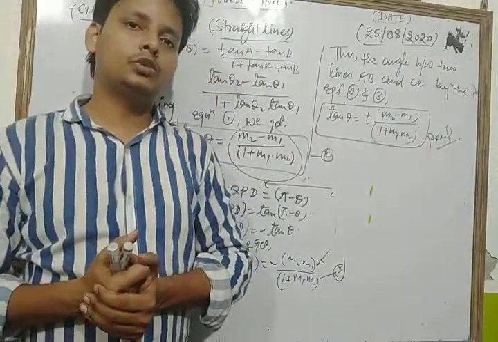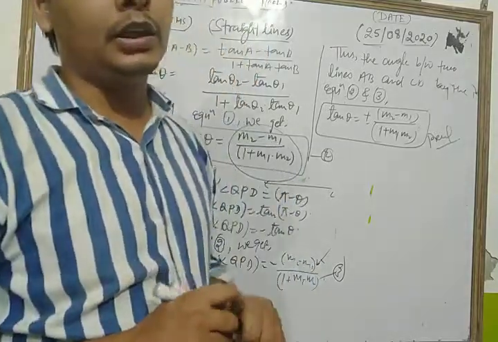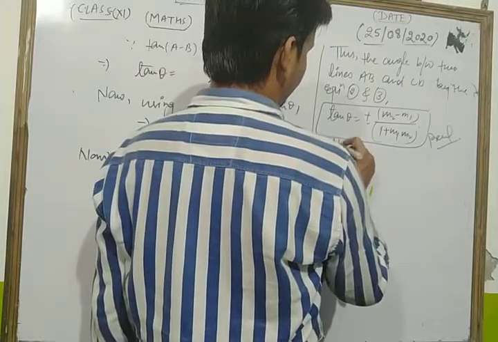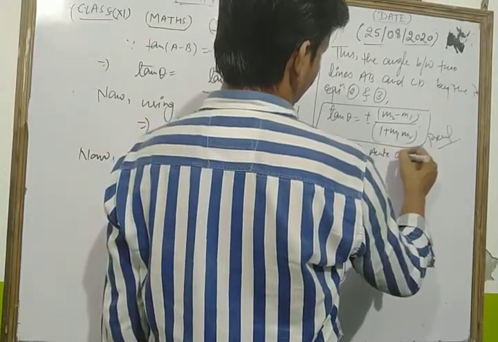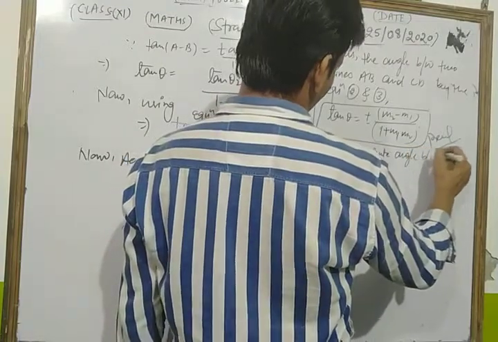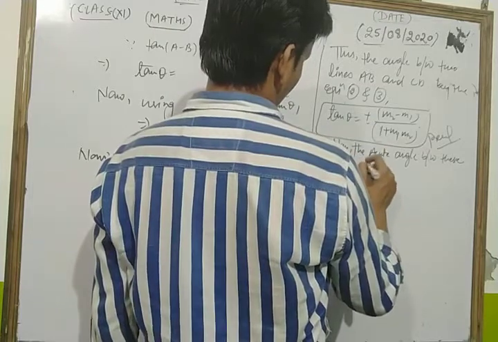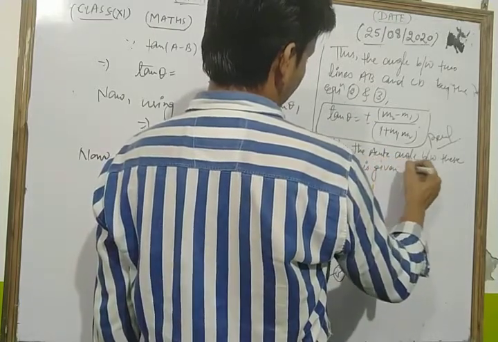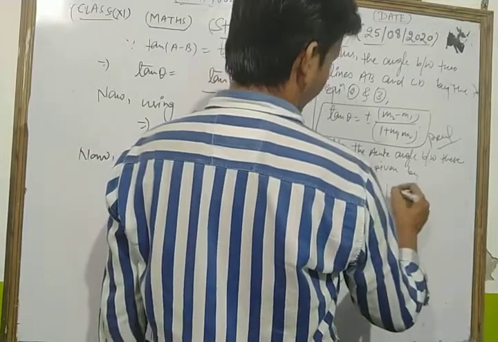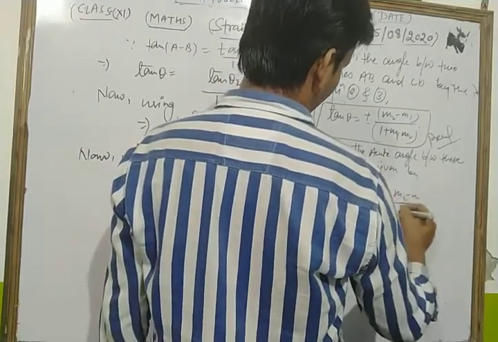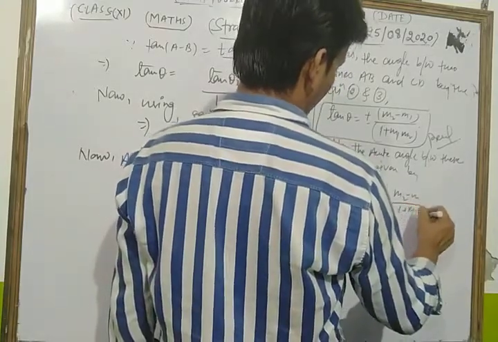Dear student, this is one of the most important formulas for calculating the angle between two lines. The acute angle between these lines is given by tan theta is equal to the modulus of m2 minus m1 upon 1 plus m1 m2.